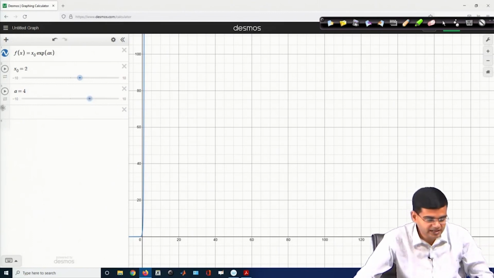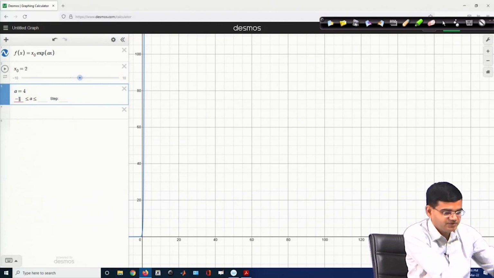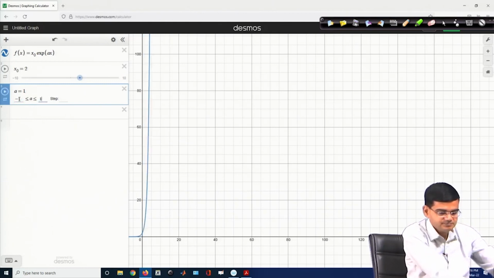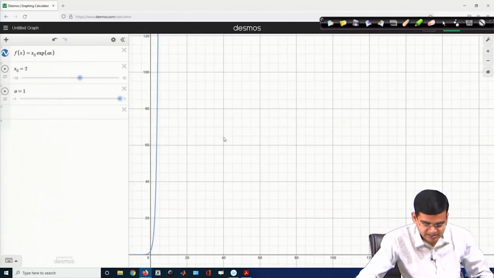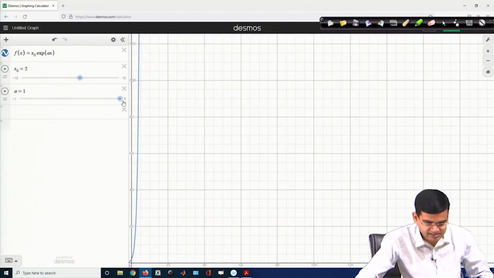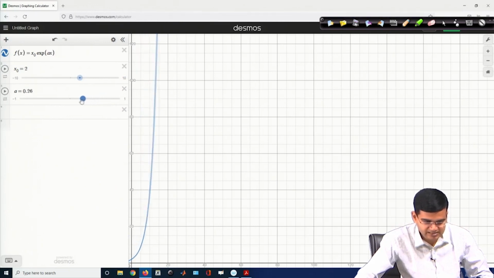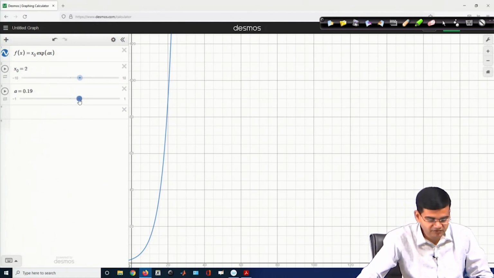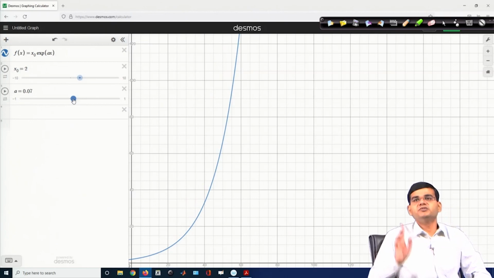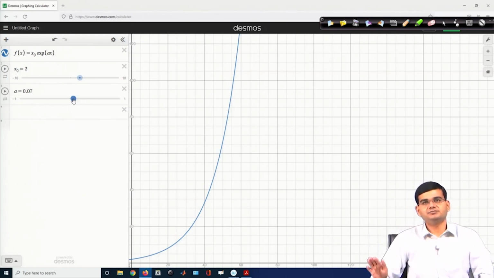Okay. So, I can limit this value from minus 1 to 1 and try to see the dynamics. What I see is that in all the cases, as long as the value of my parameter a is positive, your system always blows up to infinity. The value of the dynamical variable goes to infinity.